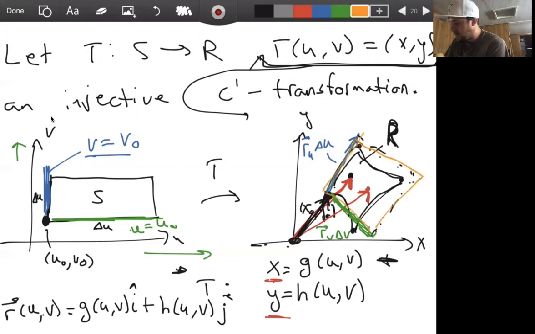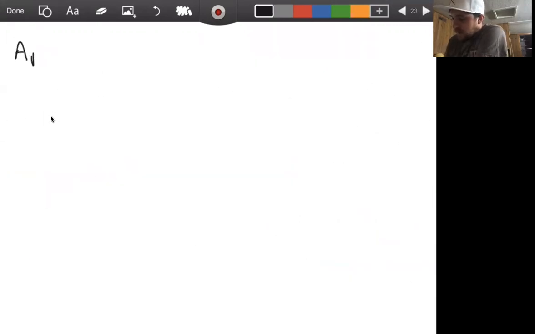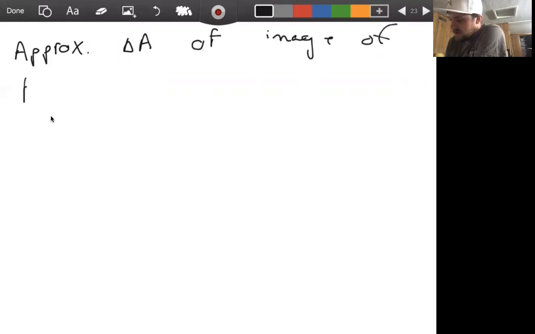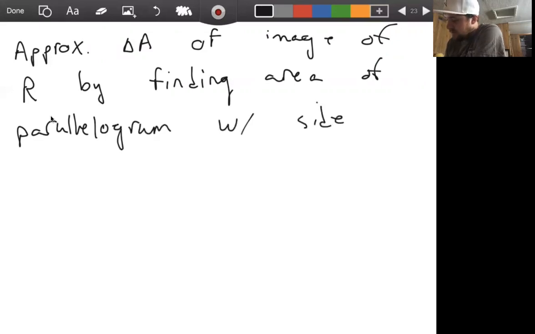We can call this area delta A. And so now what we want to do is approximate delta A of the image of R by finding the area of the parallelogram with sides r sub u delta u and r sub v delta v.